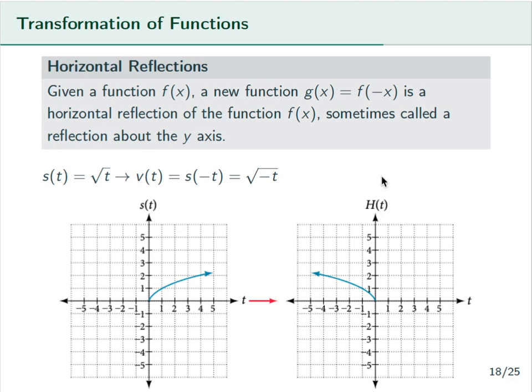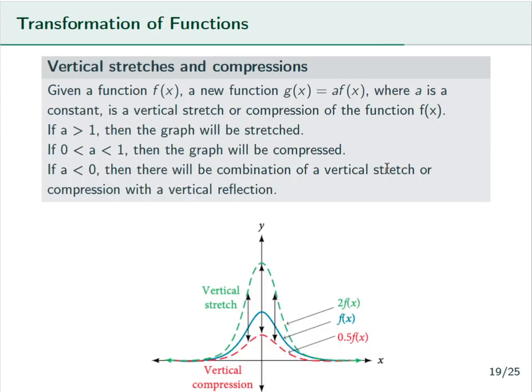Okay, so it is important for us to be able to recognize and sketch these. Now we're going to look at vertical stretches and compressions. What's happening here is similar to multiplying a negative number to an output. We're now multiplying any number, not just a negative number, to the entire output.